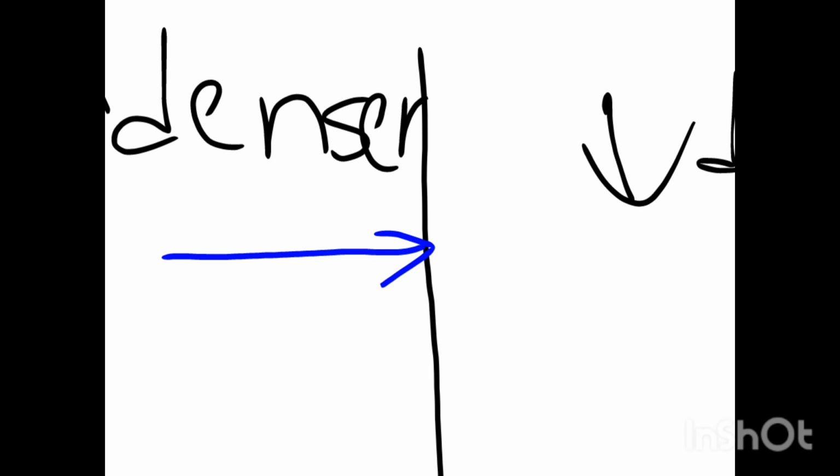The direction of this light will bend. Since it's traveling from a medium which is more dense into a medium which is less dense, this light will bend. It will probably bend in that direction.